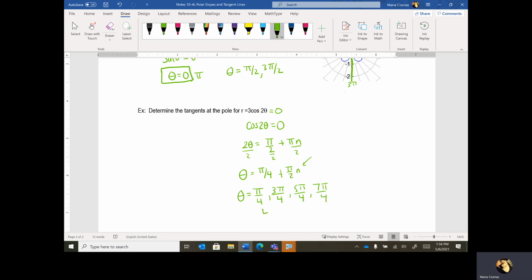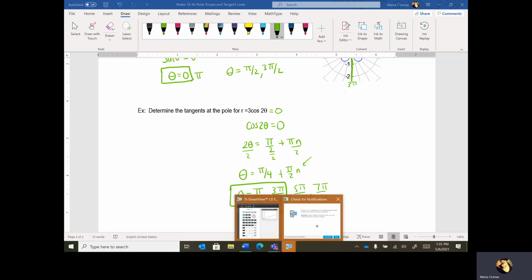Now, these would be diagonal to each other, so that 5 pi over 4 is a repeat. Same thing with the 3 pi over 4 and 7 pi over 4 on the same diagonal. So more than likely, these are the only two that we're really going to need in order to divide out this function into its different petals.